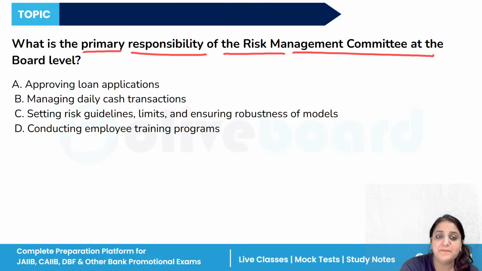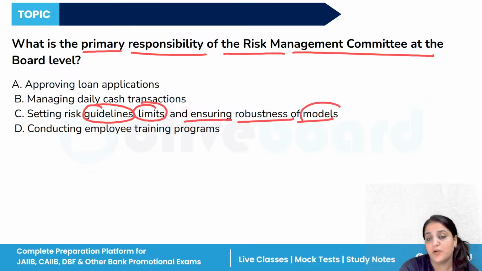So they set all the risk guidelines, they set the limits, they ensure robustness of the models. So option C is correct here. They set risk guidelines, limits, and ensure the robustness of models.